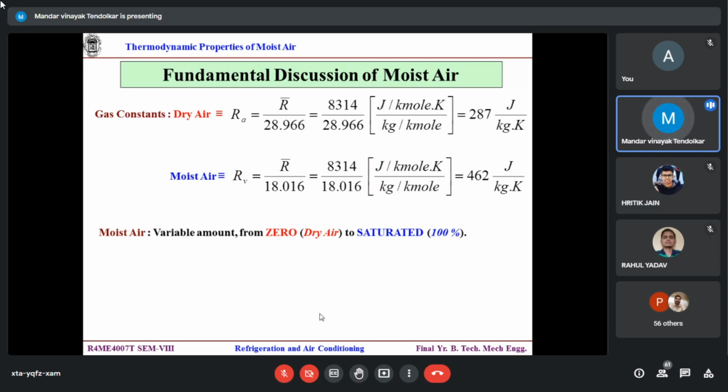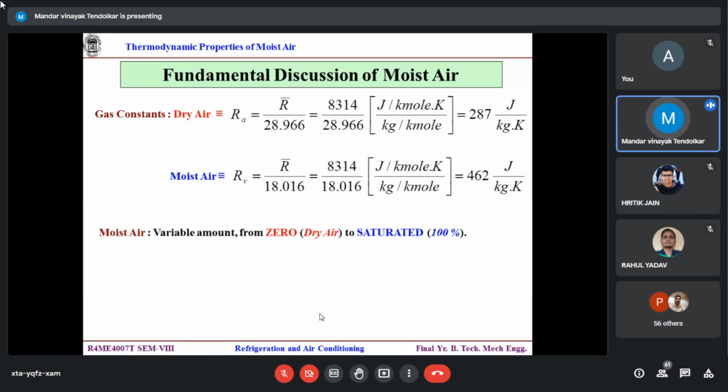We use these words very casually, dry air, humidity, but we do not know the actual meaning of them. Correct? Anybody from Nagpur, Vidarbha, you say that the atmosphere is dry. What is the meaning? That the moisture content is very, very low.